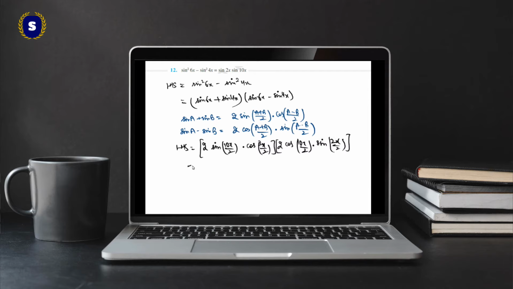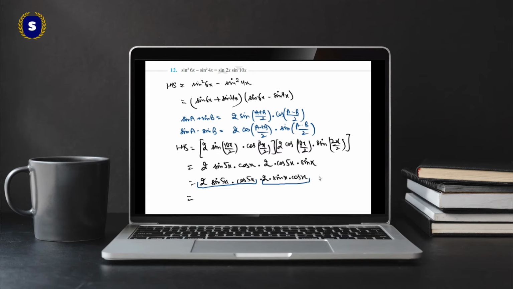So it will form 2 sin 5x cos x into 2 cos 5x into sin x. Let's keep 5x terms together and x terms together. I've just switched them. So using the identity 2 sin theta cos theta is equal to sin 2 theta, this and this.